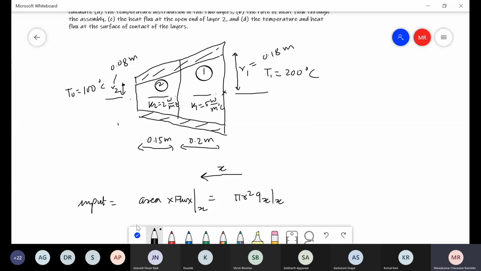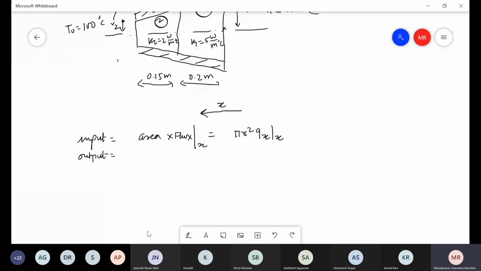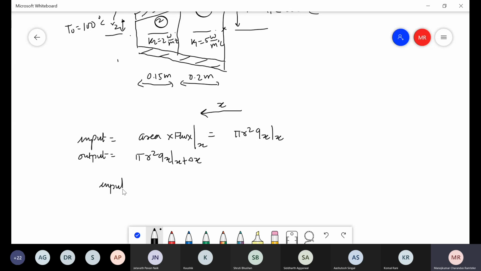Output is again going to be pi r square Qx at x plus delta x. So input minus output equals 0.